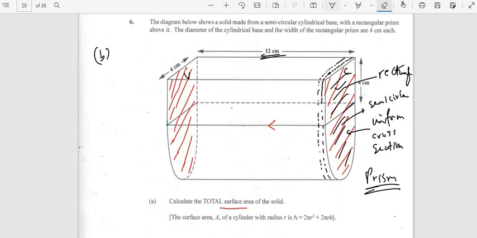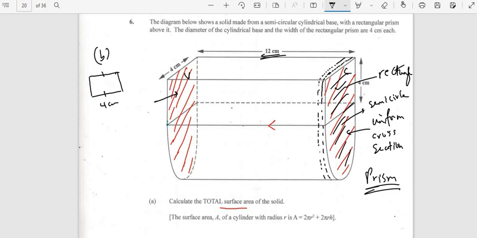Now, in order for us to calculate the area of the cross section, we look at the fact that this is a rectangle, but a special rectangle, because when we look at the lengths of the sides, this side here is 4 centimeters, as we can see. This is 4 centimeters on top. Here's 4 centimeters.